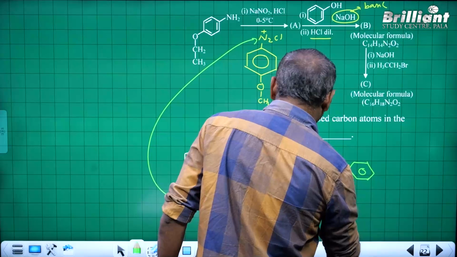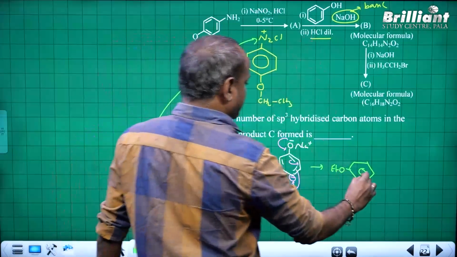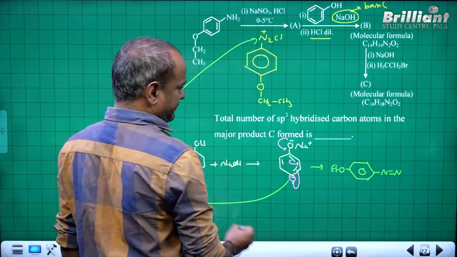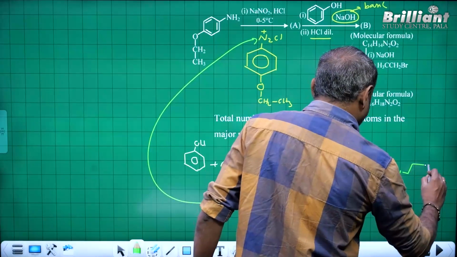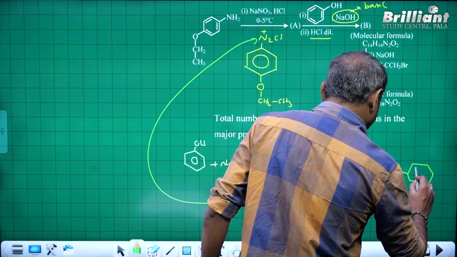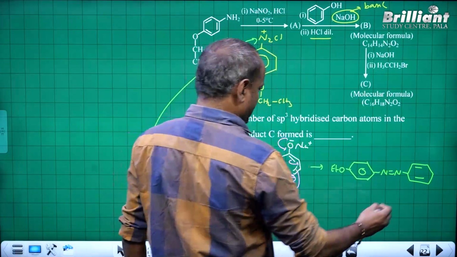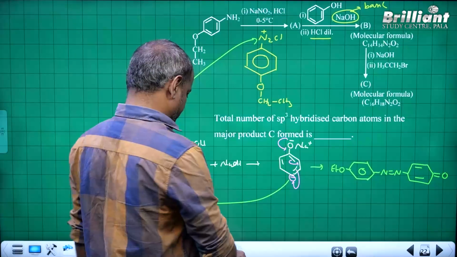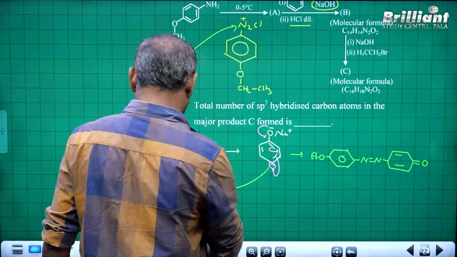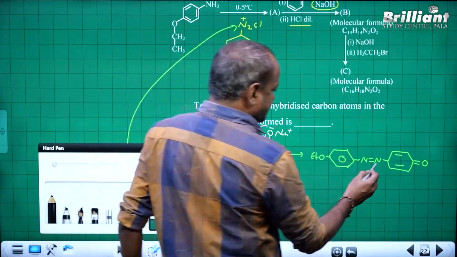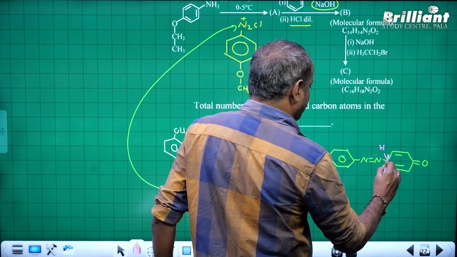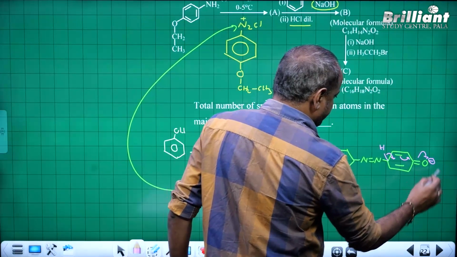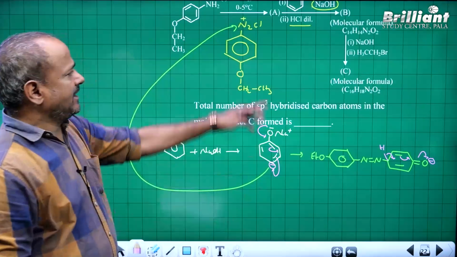I will write OEt this side, that side N double bond N attached to the para position of phenoxide. Here one H is there, that forms into conjugation, then O minus. O minus is neutralized by HCl.